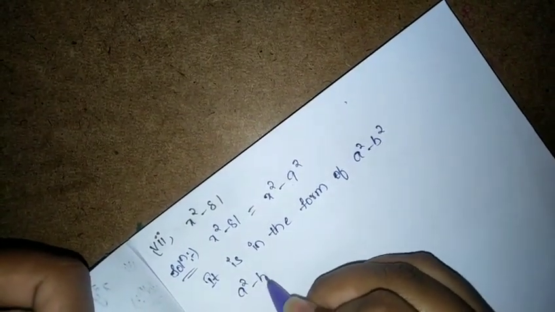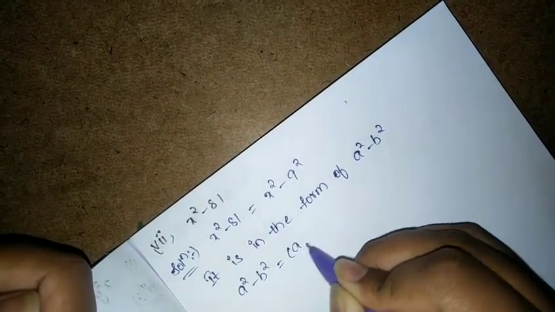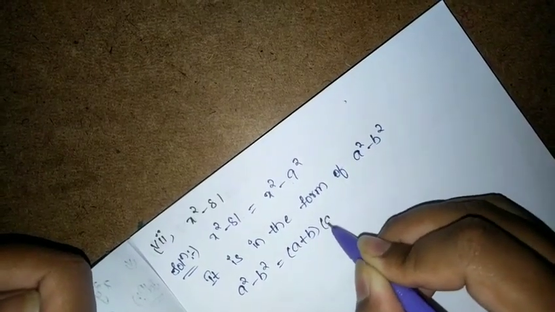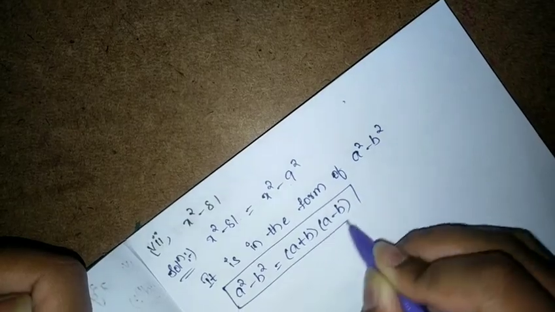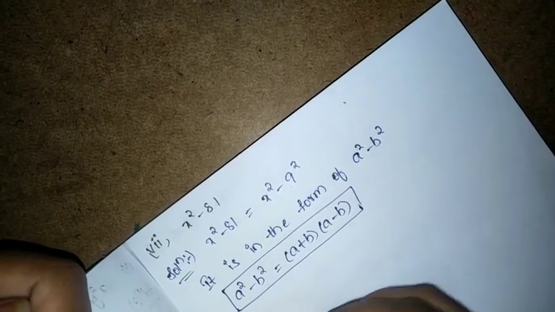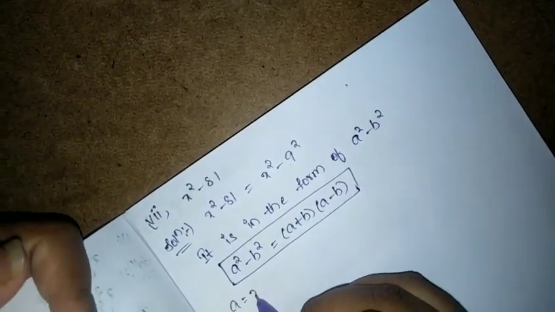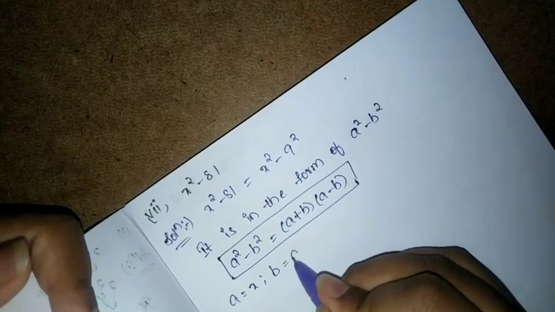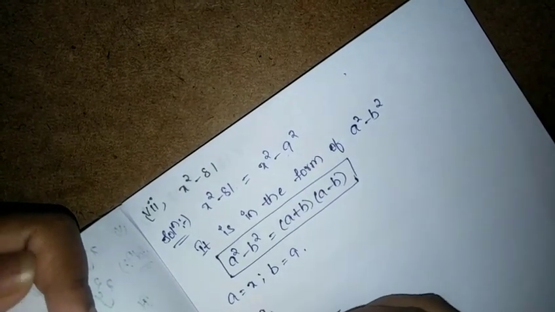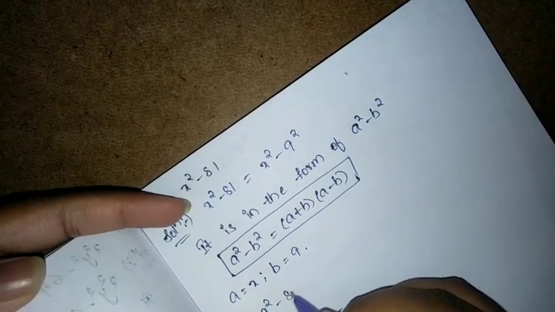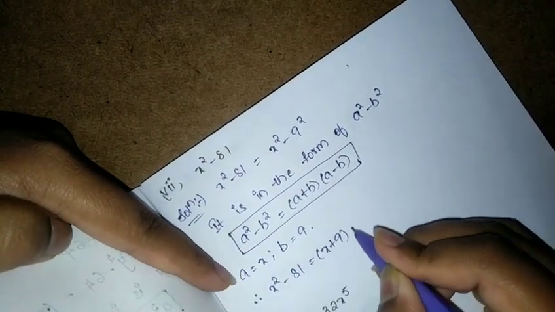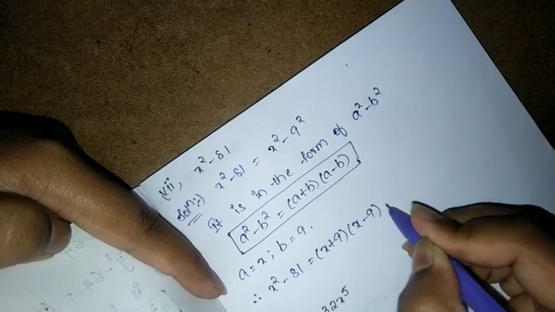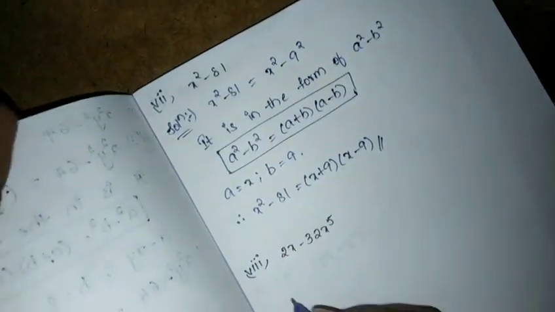Formula for this a square minus b square equal to a plus b into a minus b. And here we have a equal to x and b equal to 9. So the answer for this x square minus 81 equal to x plus 9 into x minus 9. This is our final solution.